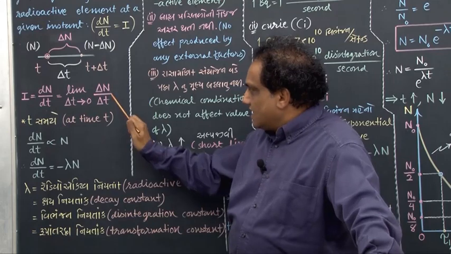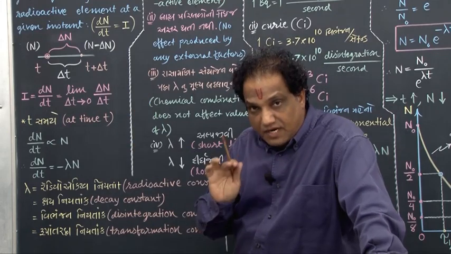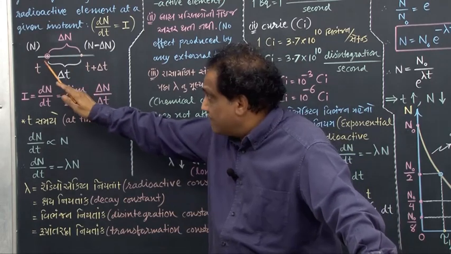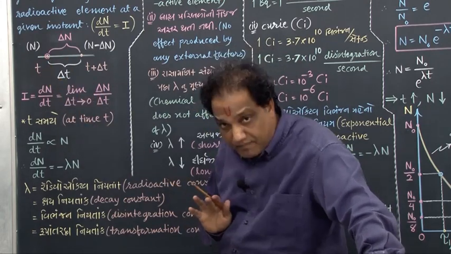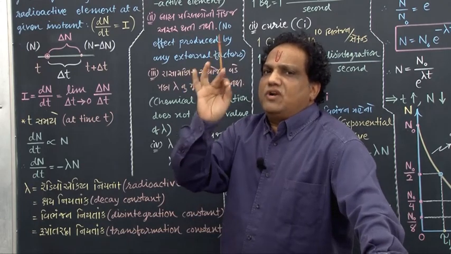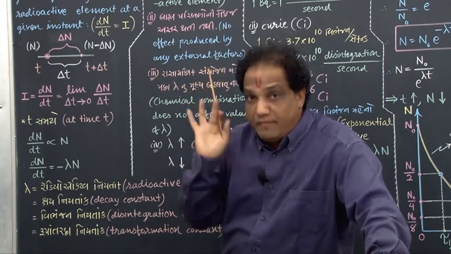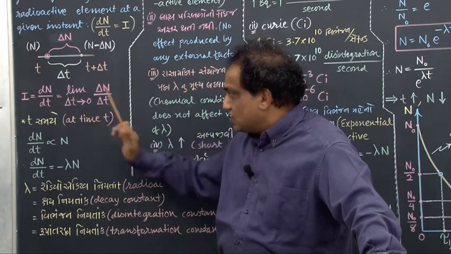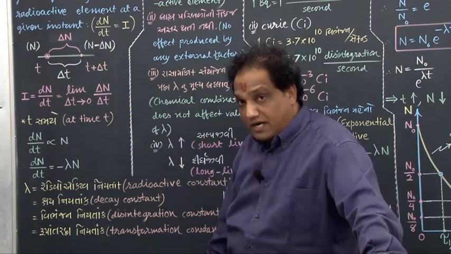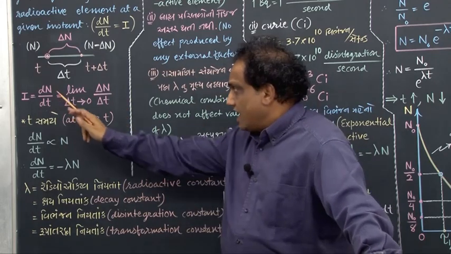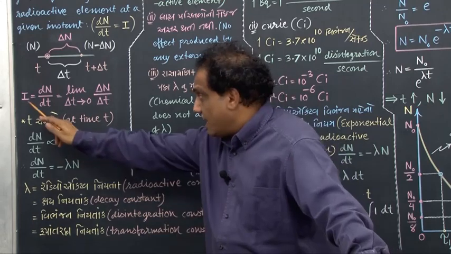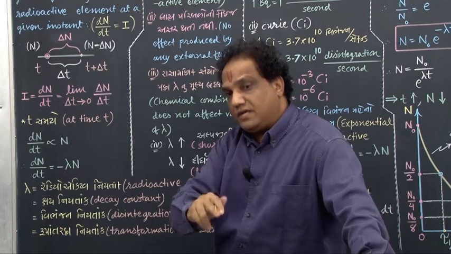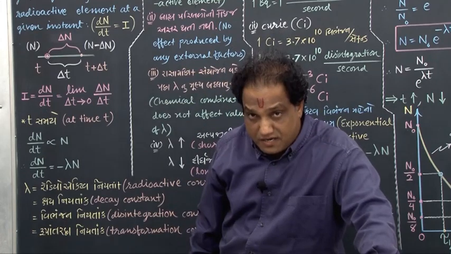If delta N number of atoms disintegrate in time delta t after a given instant of time in a given quantity of given radioactive element, then the term limit delta t tends to 0, delta N upon delta t is called rate of disintegration or activity of that quantity of that element at that very instant.